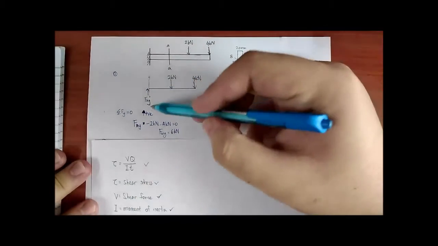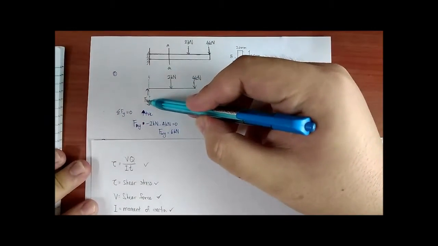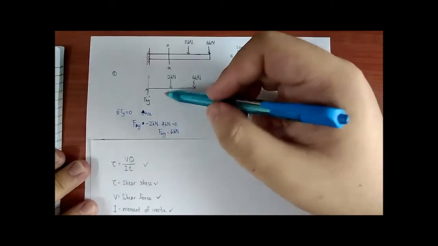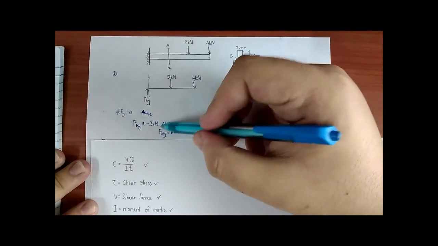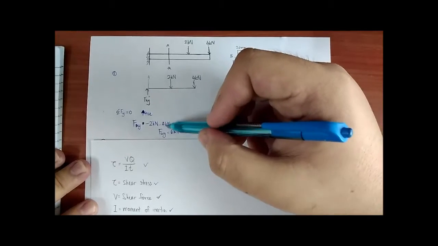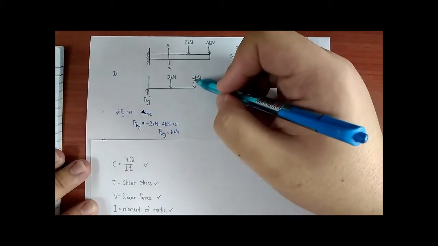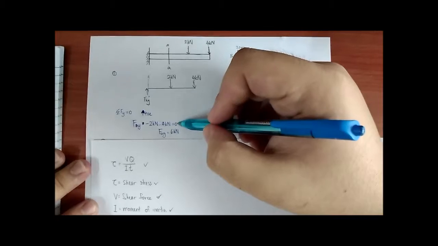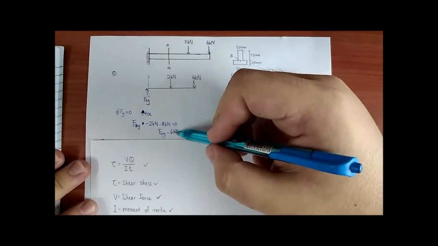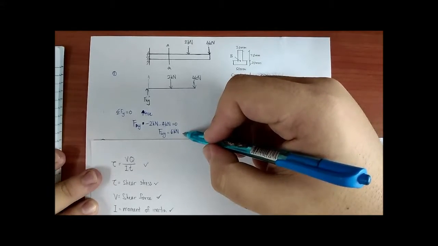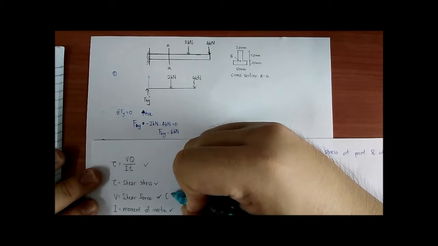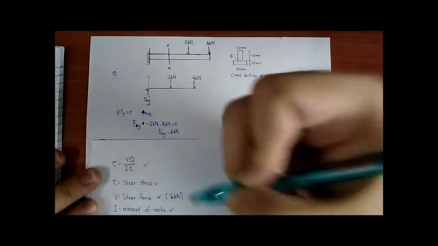Fay, we assume is going up, so it's positive, minus 2 kilonewton because it's going down, and minus 4 kilonewton because it is also going down, equals 0. So Fay equals 6 kilonewton. So this one is our shear force, 6 kilonewton.